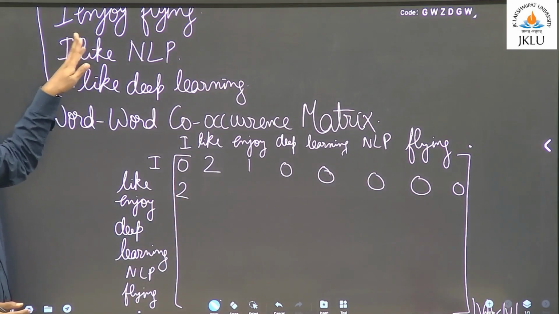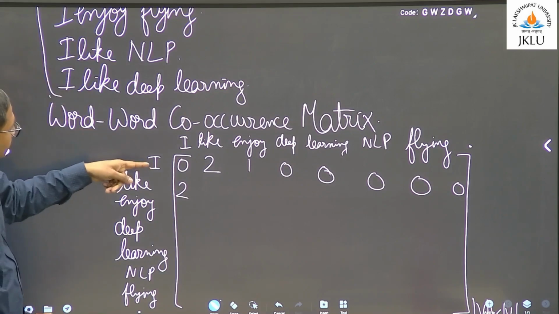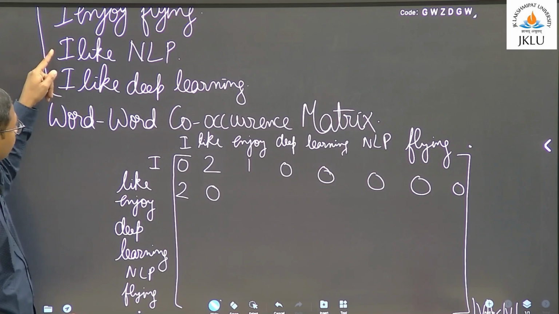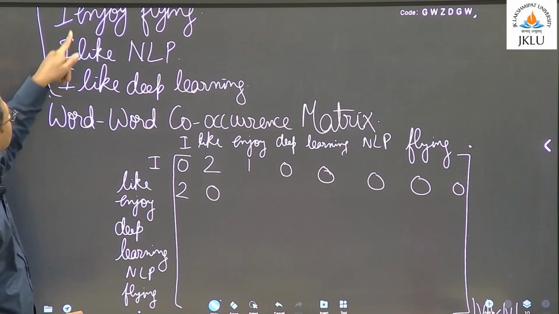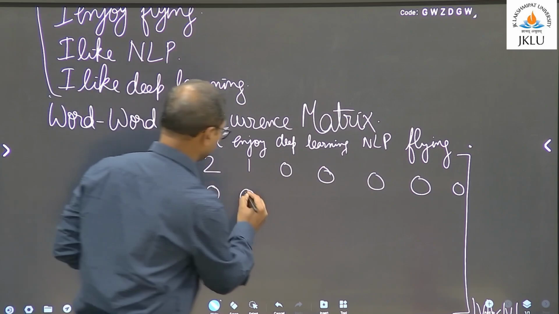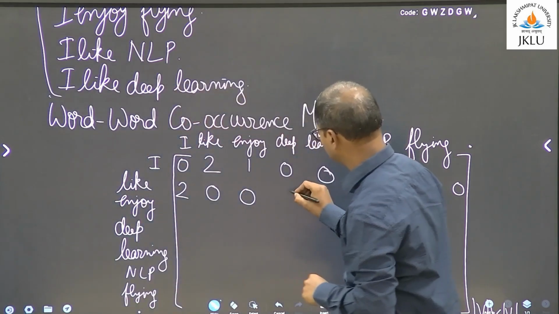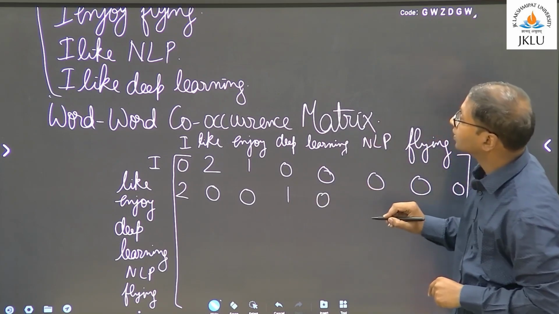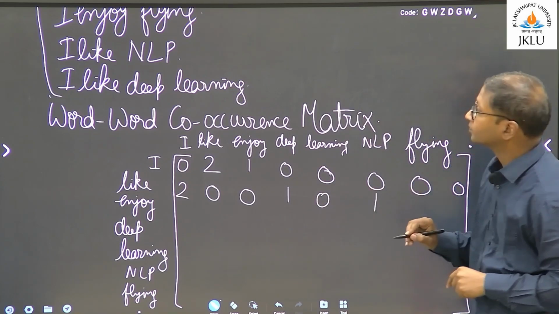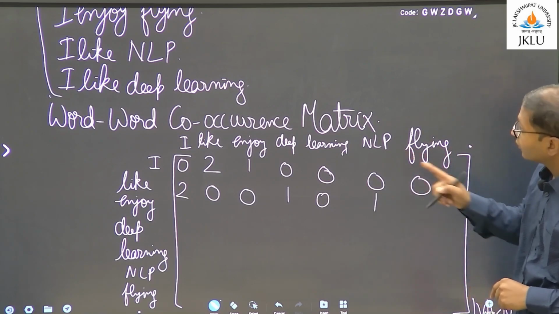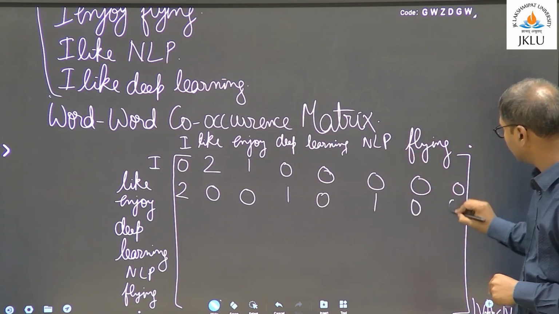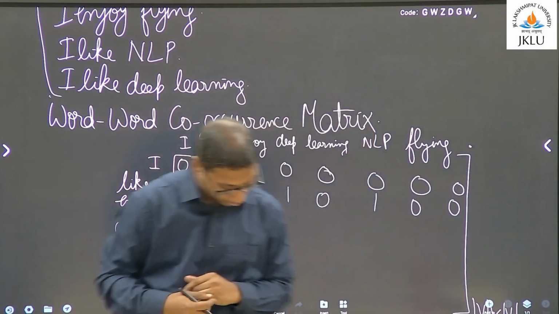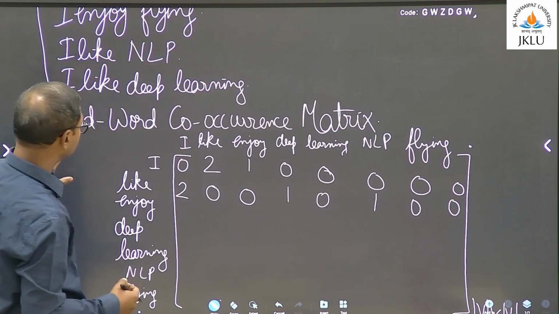Now like with like is 0, like with enjoy 0, like with deep 1, like with learning 0. I like NLP, I enjoy flying, so this one and this one, right? And similarly you can keep on making this.